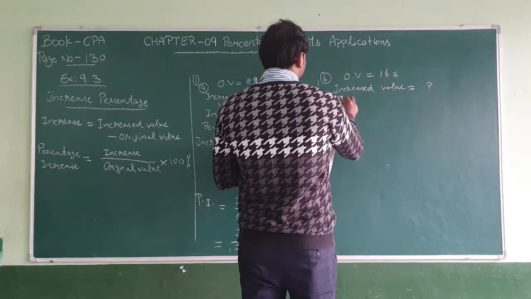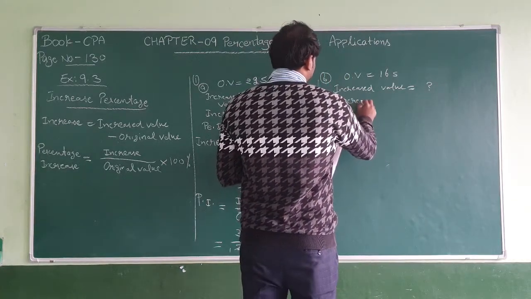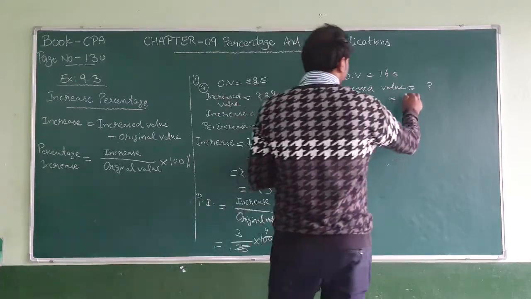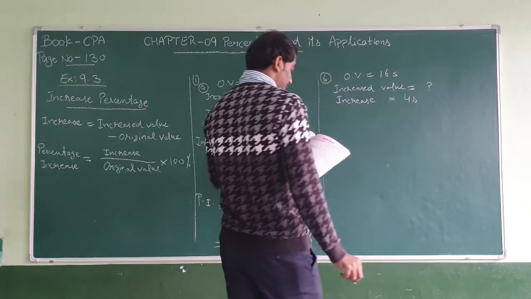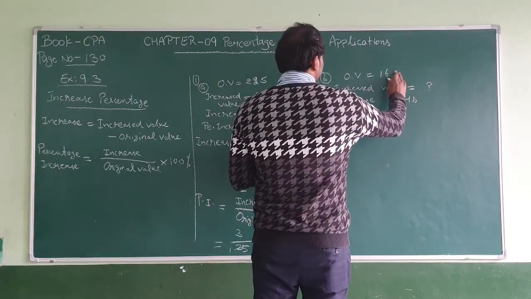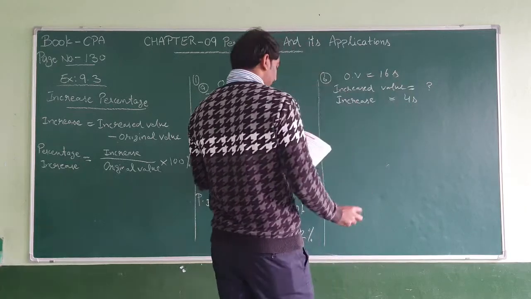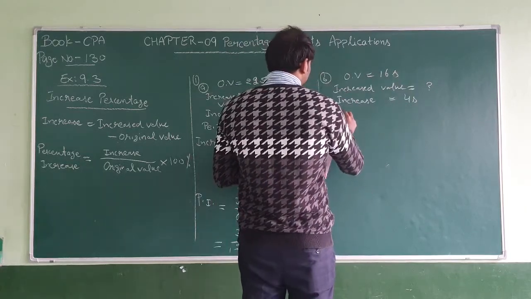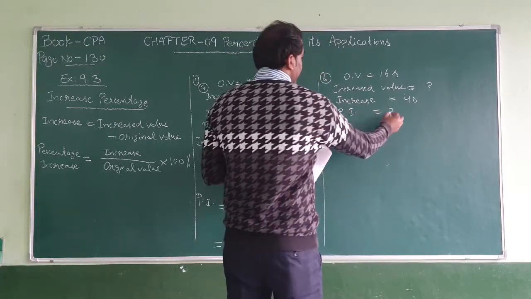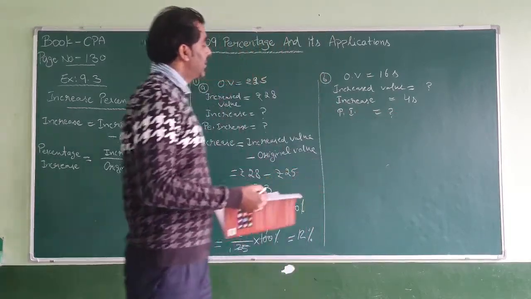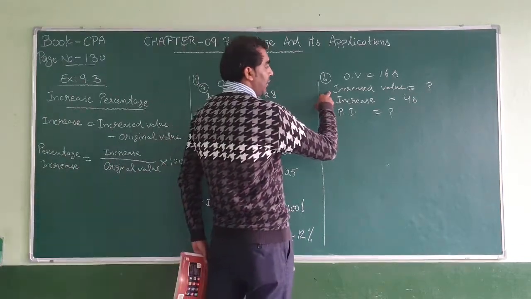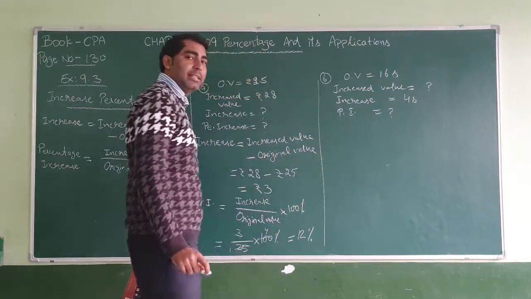Increase is 4s, and percentage increase is missing. Actually in this question we have two missing numbers. First is increased value, second one is percentage increase.